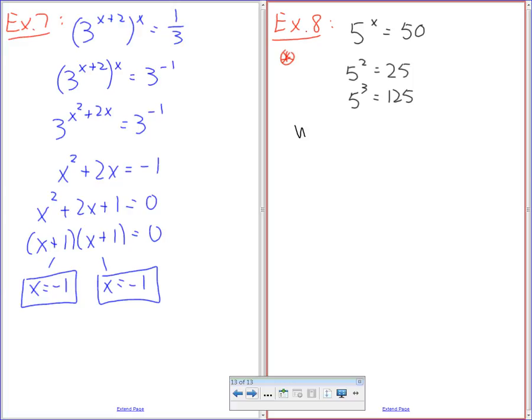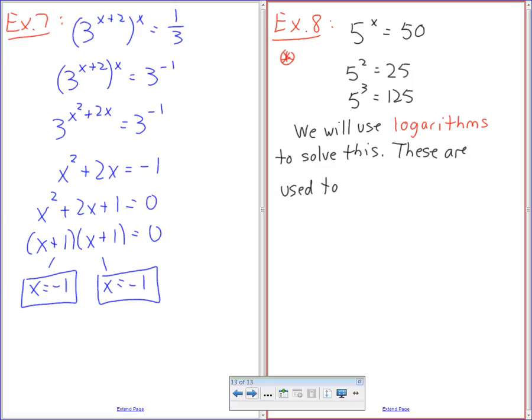We will use logarithms to solve this. These are used to bring the exponent down to the base so we can solve.